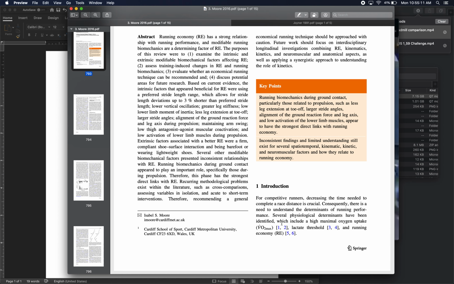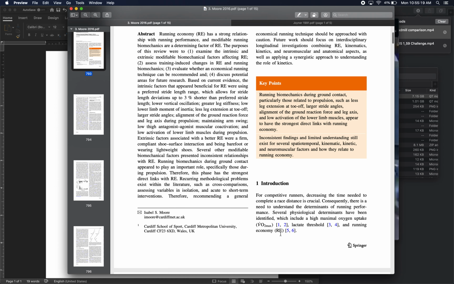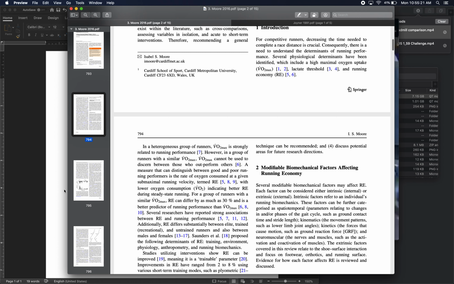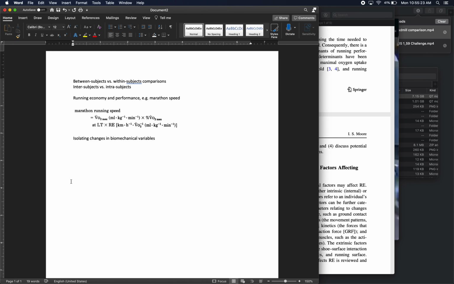And you'll see these terms here from the Joyner paper that we read last time and already went over last time, the VO2 max and the lactate threshold and the running economy. One thing to keep in mind here is that if I improve my running economy, if I become a more economical runner, does this necessarily improve my performance? For example, does this necessarily increase my marathon speed or reduce the time it would take me to run a marathon?